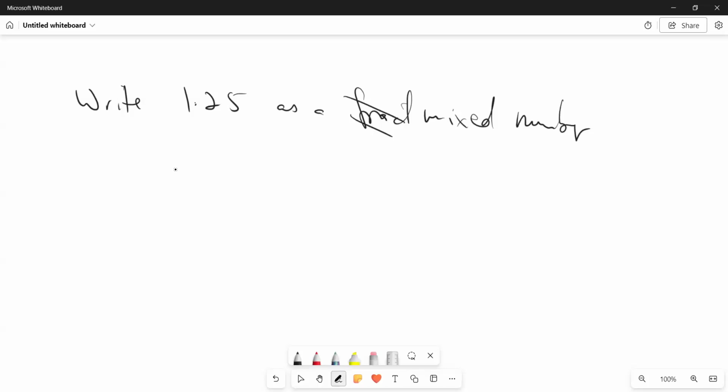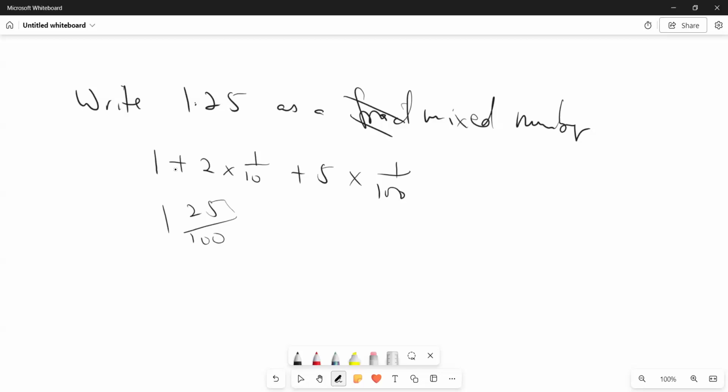And there's a shortcut, but you have to understand that this really means 1 plus 2/10 plus 5/100. But nobody does this, right? Because this will add up to be 1 and 25/100.